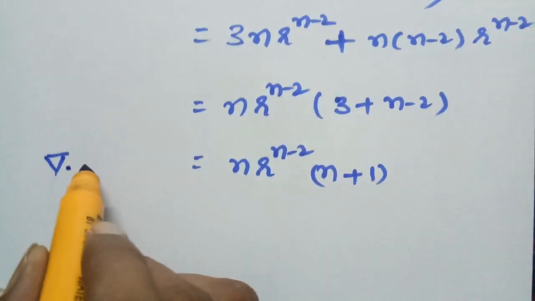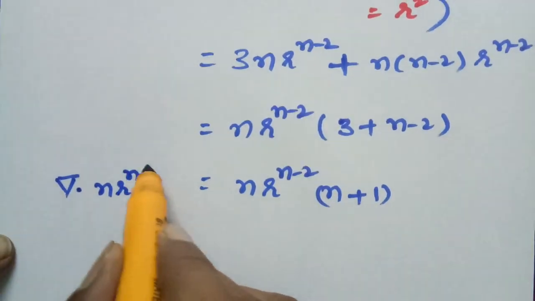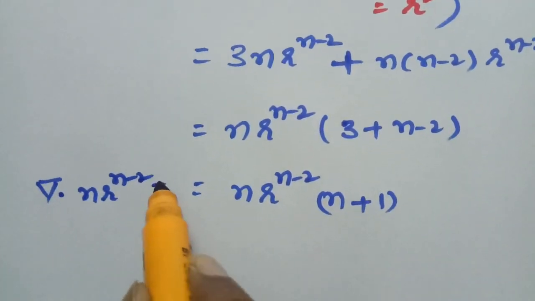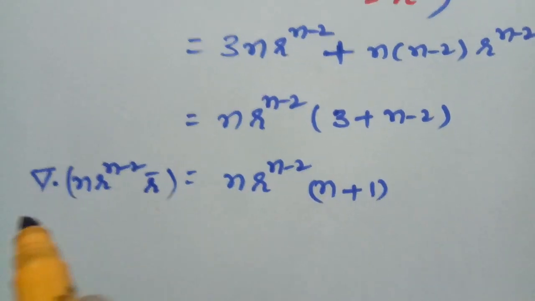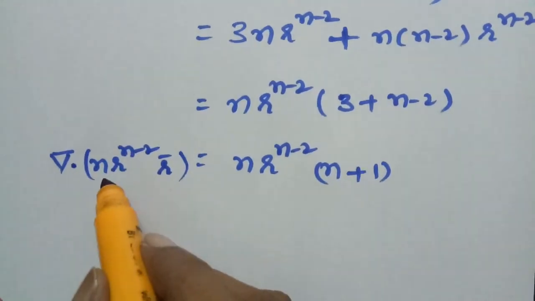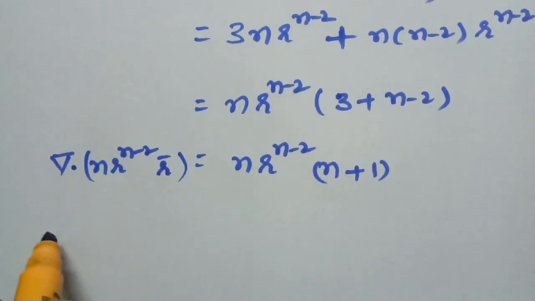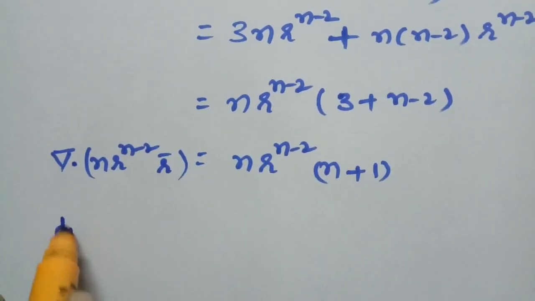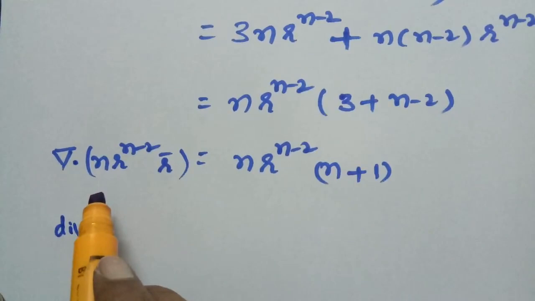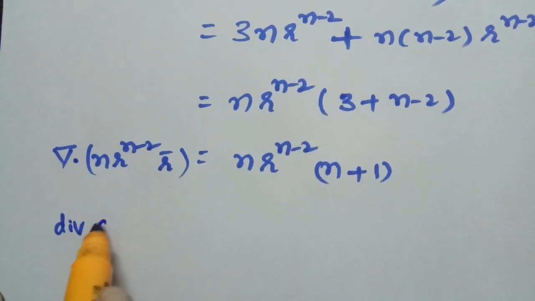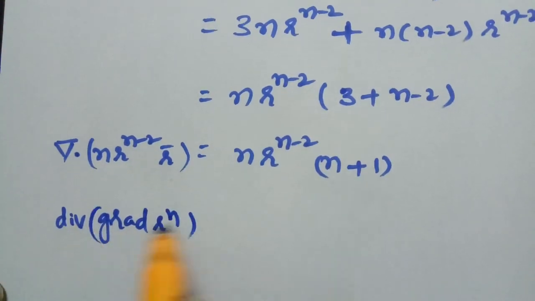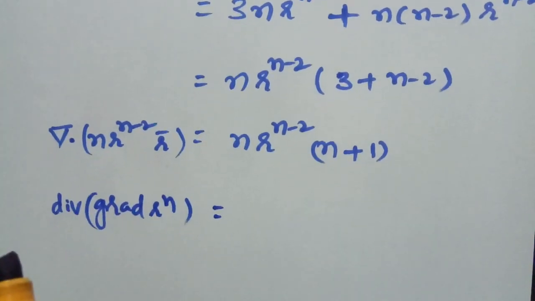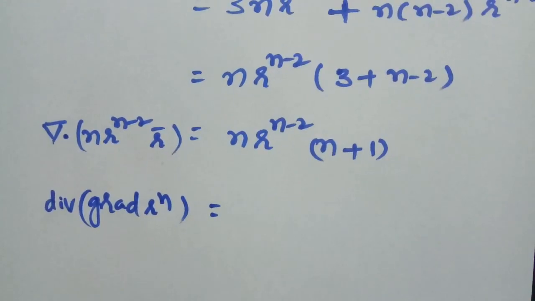That means this is divergence of grad r power n.